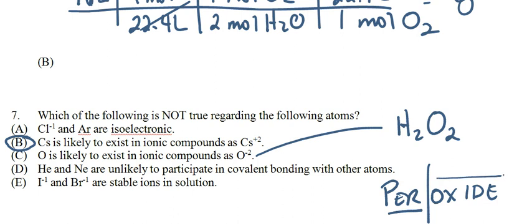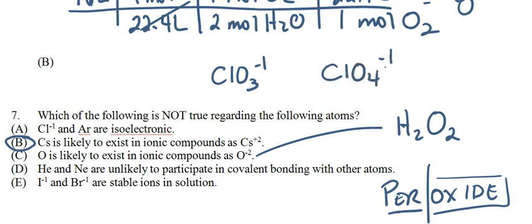So if I just have oxide, then I'm looking at just O2, but the per means that I'm adding one more oxygen and keeping the same charge. So like when we look at chlorate ions, we have 3 oxygens, but if I'm looking at perchlorate, that's ClO4 with a -1 charge. Notice that the charges remain the same, except there's one more oxygen. So this is chlorate, this is perchlorate.